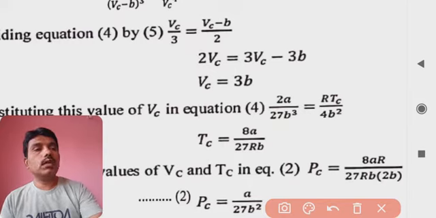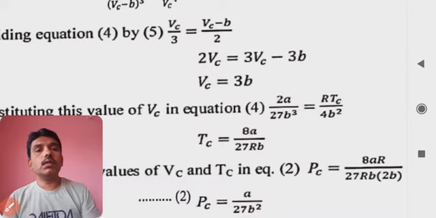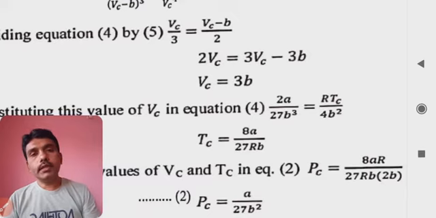So the other one remaining: we now have the critical volume and the critical temperature relations. Now we are interested to find the critical pressure.